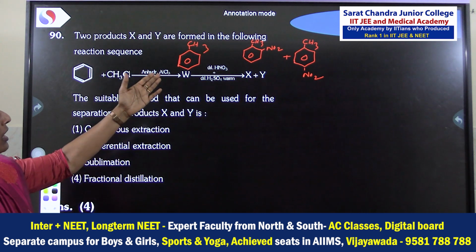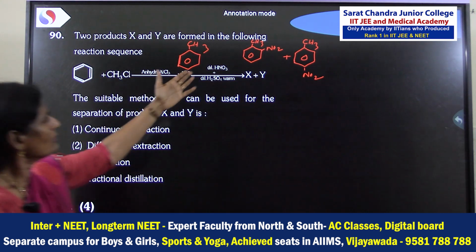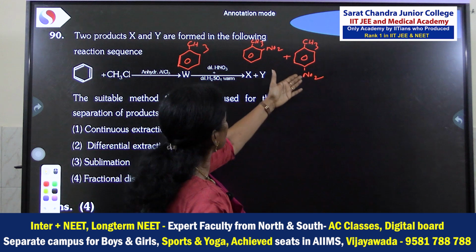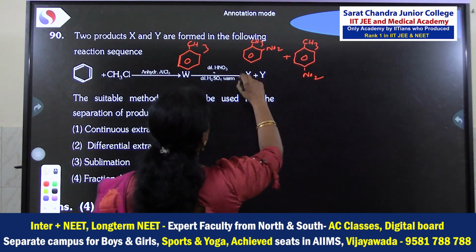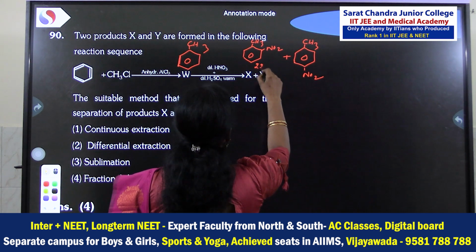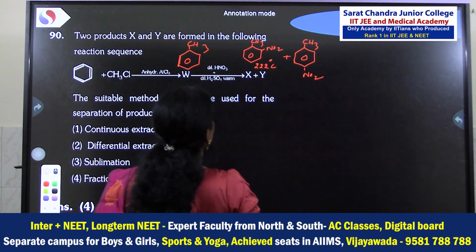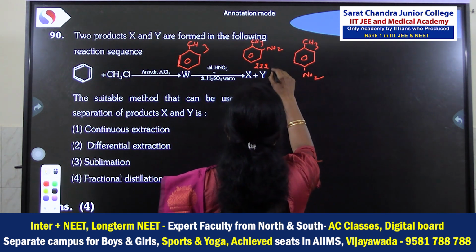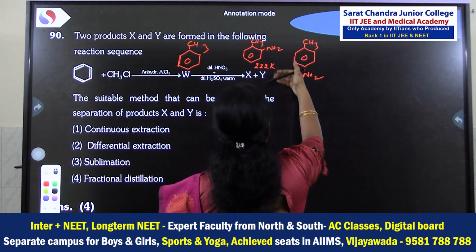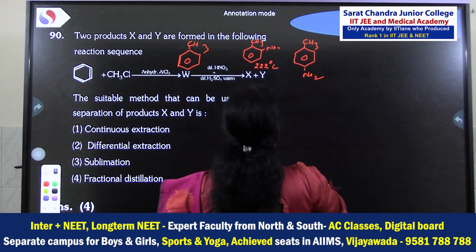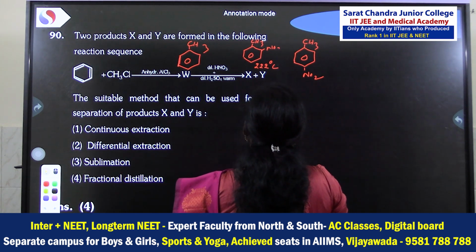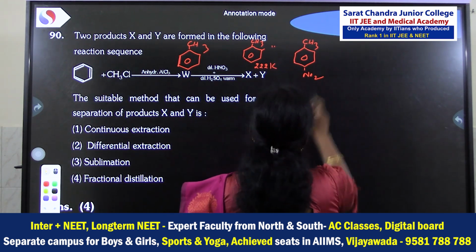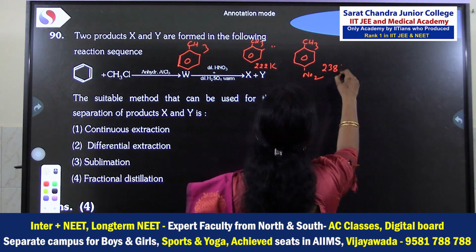Ortho-nitrotoluene and para-nitrotoluene have boiling points of nearly 222 Kelvin, not degrees Celsius, Kelvin only, and nearly 238 Kelvin.